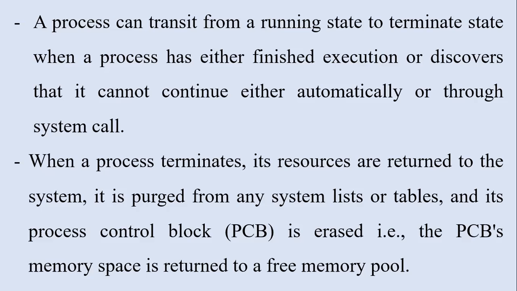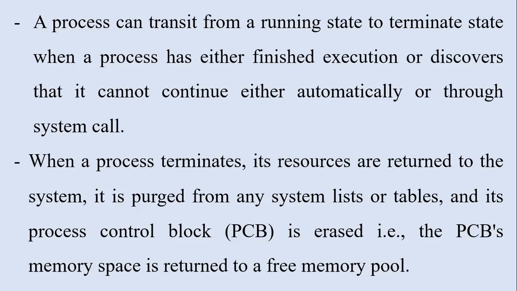A process can transit from a running state to the terminated state when a process has either finished execution or discovers that it cannot continue, either automatically or through a system call.